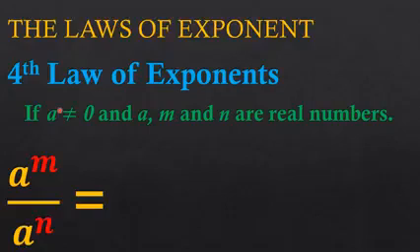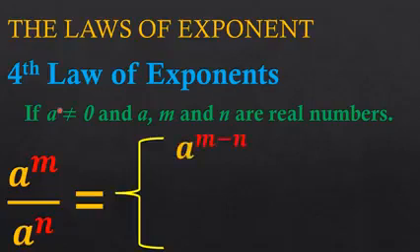We have 3 answers here, in which a raised to the m minus n, our condition is if m is greater than n. Mas malaki po yung value ng m kung i-compare natin sa n. So our exponent in the numerator is bigger compared to the exponent na nasa denominator. And the answer is a raised to m minus n.